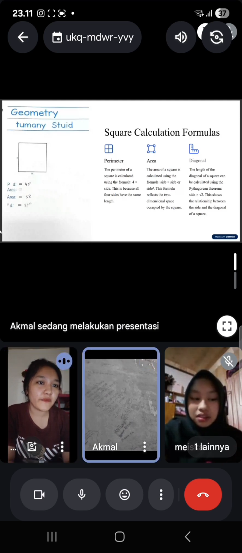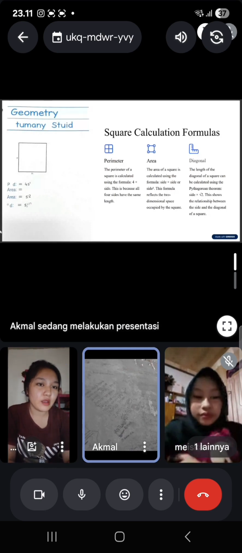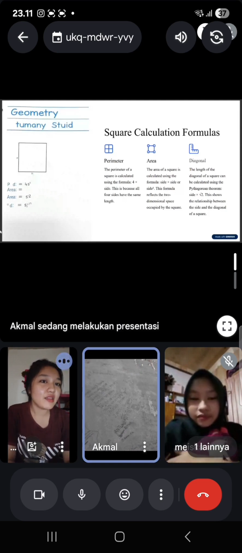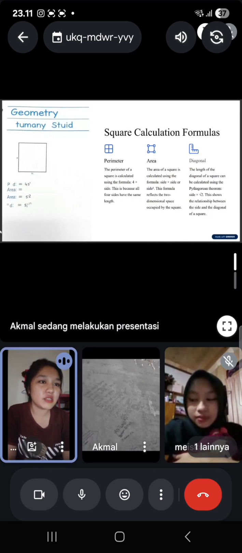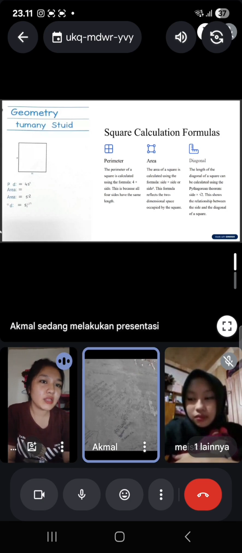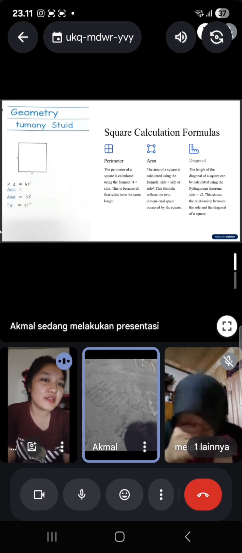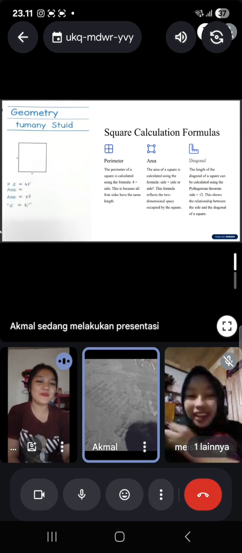This formula reflects the two-dimensional space occupied by the square. Diagonal. The length of the diagonal of a square can be calculated using the Pythagorean theorem to show the relationship between the side and the diagonal of a square.